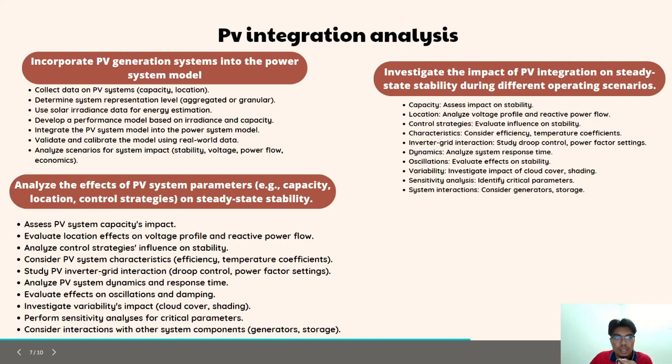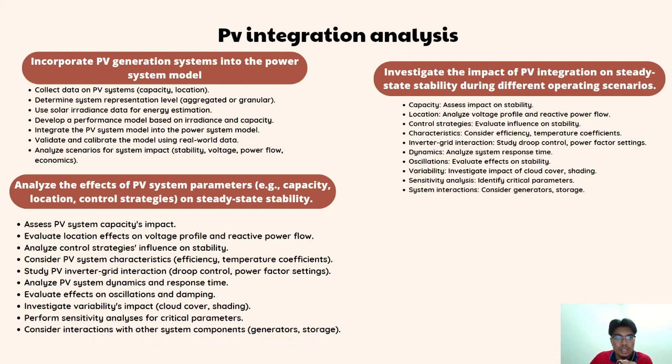So first is incorporating PV generation systems into the power system model. To incorporate PV generation systems into the power system model, data on the PV system, including capacity and location, is gathered. Then the system representation level, whether aggregate or granular, is determined. Solar irradiance data is utilized to estimate the incident solar energy.